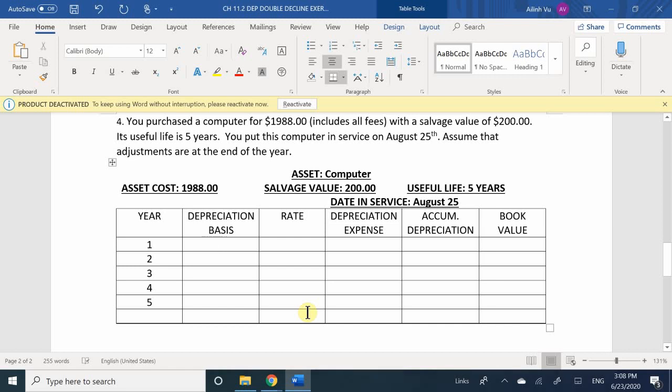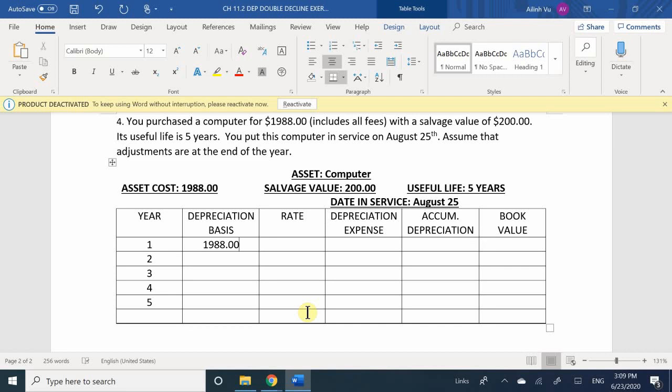What is the book value? 1988 is correct, because we have no accumulated depreciation for the previous year, so the asset cost minus 0 is going to be 1988. That's good. Then we do the salvage value? No.